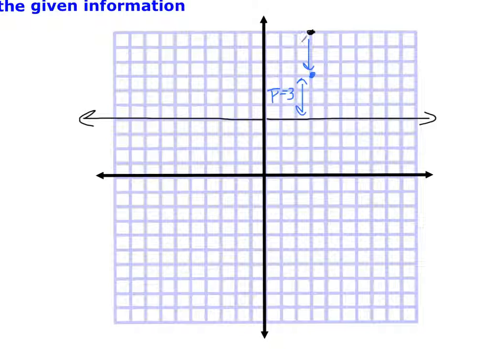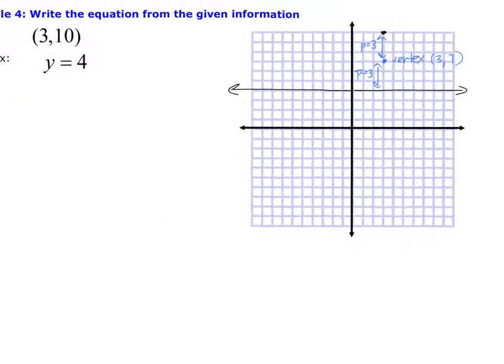And here we have a p of 3. We can find out where our vertex is. So this is our vertex, and it's the point (3, 7). So let's use that to write the equation. And also, we know that we have an upward facing parabola here because we always curve around the focus. And we never touch the directrix.